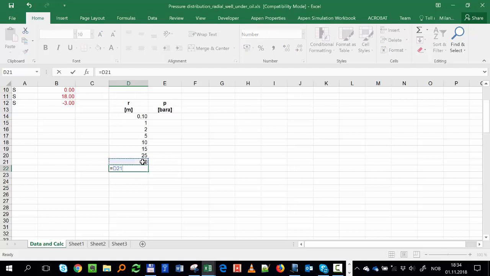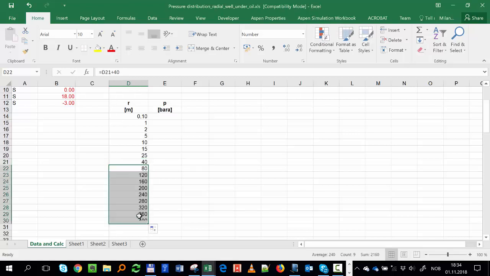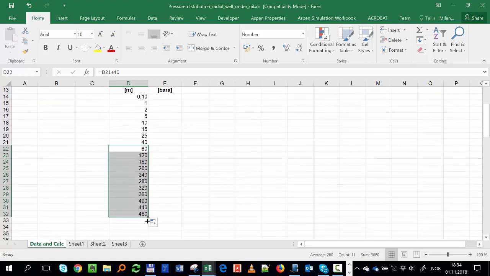So let's use this one plus 40: 400, 500. You can use any numbers you want, but that's my suggestion. 0.1, that's the first point. Then 1, 2, 5, 10, 15, 25, 40, and then in steps of 40.